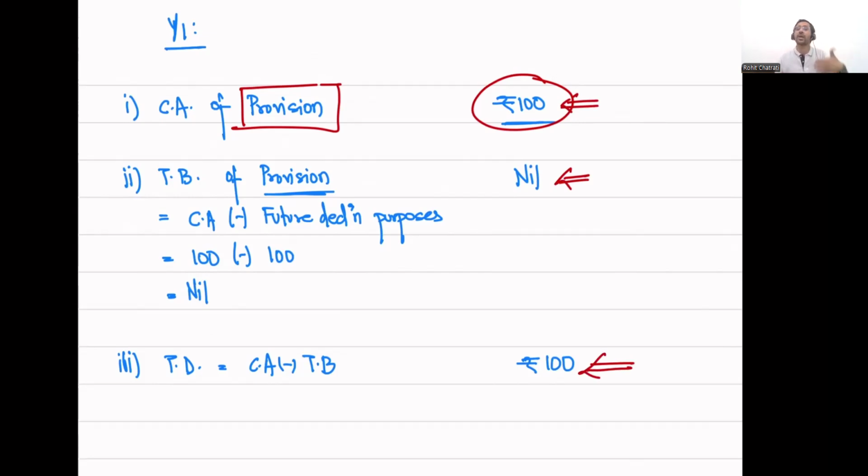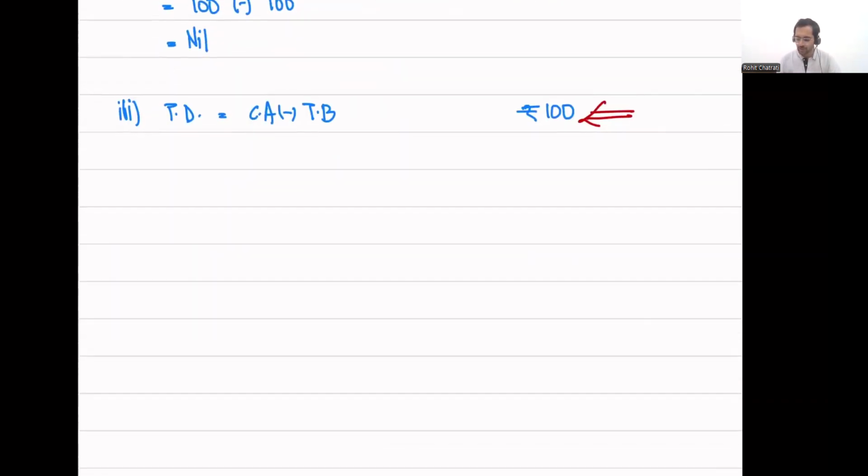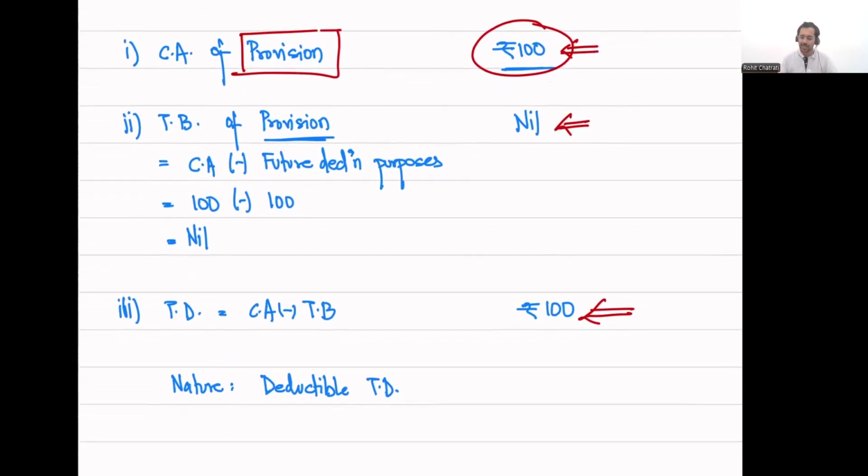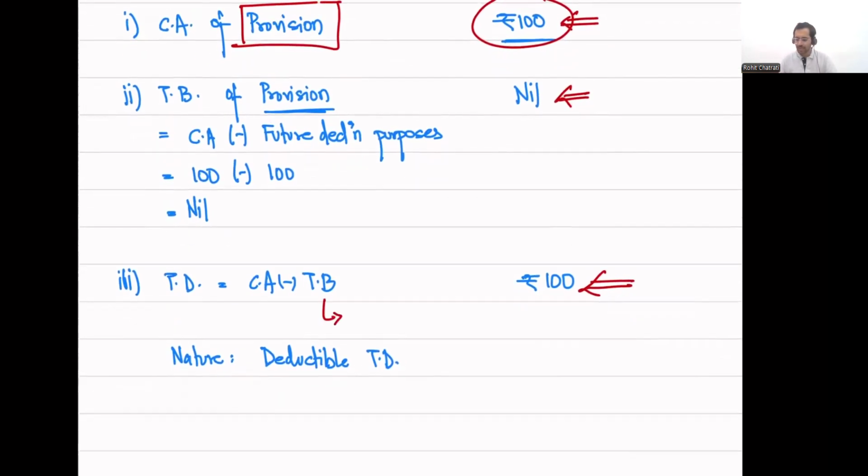Because this is going to be deductible in future, the nature will be a deductible temporary difference. Another way of looking at it: temporary difference is carrying amount less tax base, and this tax base is nothing but carrying amount minus future deduction.